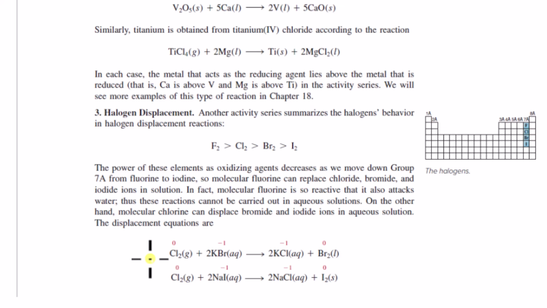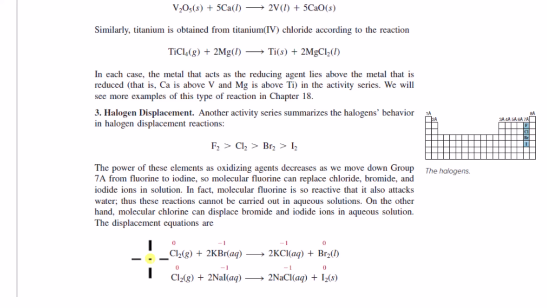So when it says fluorine attacks water, what do you think that means? Well, fluorine being so reactive, we know means that it's a very strong oxidizing agent. So what part of water can be oxidized? Well, it has to be the oxygens, right? You can't oxidize hydrogens in water any more than they're already oxidized.